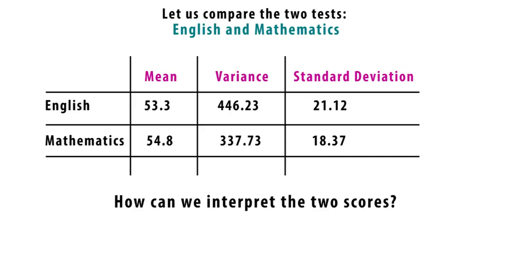For mathematics, we had a mean of 54.8, a variance of 303.96, and a standard deviation of 17.43. Specifically, what does the English standard deviation of 20.04 and the mathematics standard deviation of 17.43 mean? You have two standard deviations. How do you explain that with respect to the data, and specifically with respect to the mean of the data?